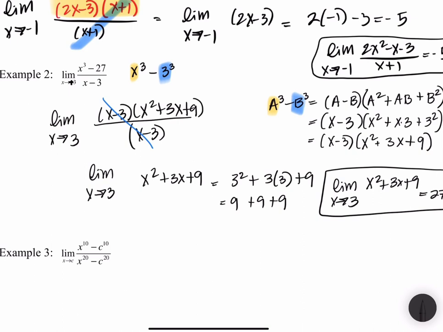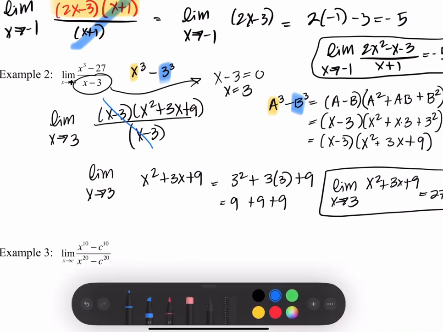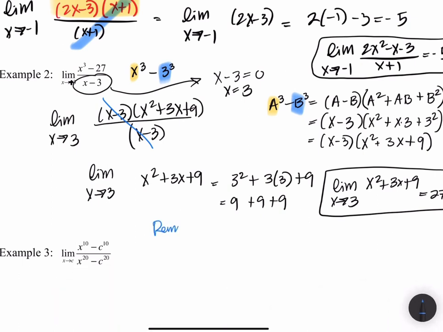And also, let's remember, where is there a removable discontinuity? So if I were to take my denominator of x minus 3, right? If I take this guy, x minus 3, and I set it equal to 0, that's telling me that I'm going to have a removable discontinuity at the value of 3. So I'm going to say, in addition to our limit, we also have a removable discontinuity.